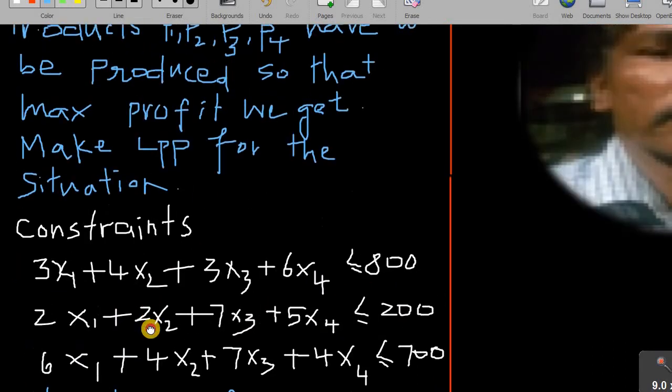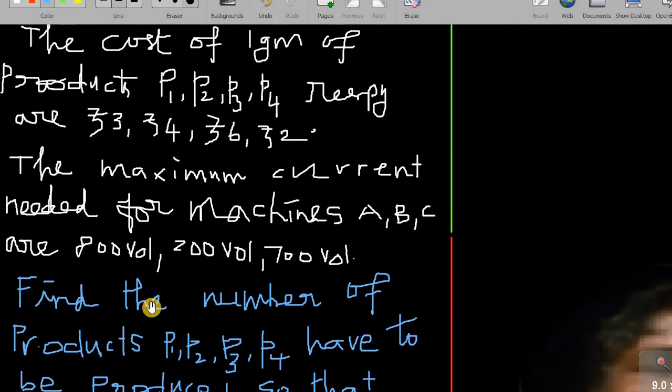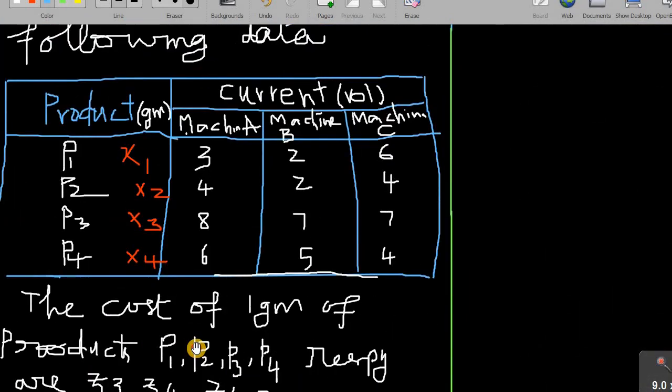Now what about the constraints? Look at this table. The constraints are the current capacity of the machines. Am I correct? Consumption of current by the machines.